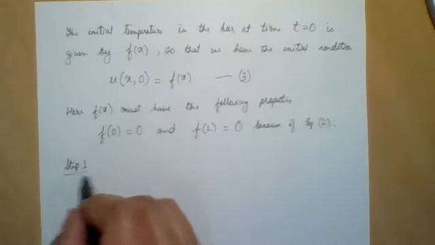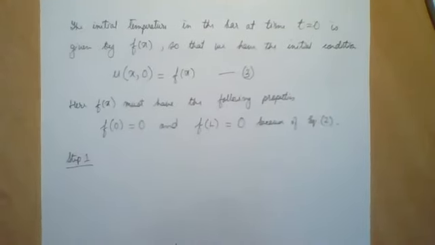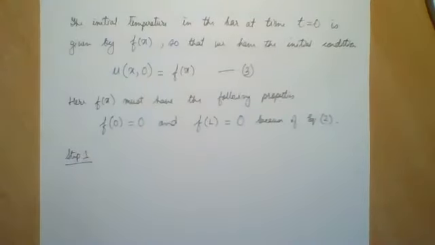Step number 1. What did we obtain in step number 1 in the case of wave equations? We obtained 2 ordinary differential equations from the wave equation by using the separation of variables. So here also we are going to obtain 2 ordinary differential equations from a single heat equation by using the separation of variables.